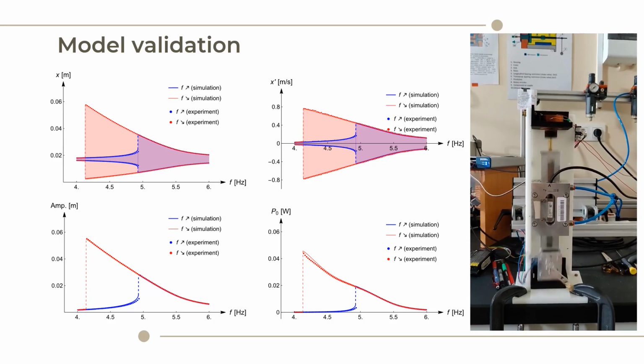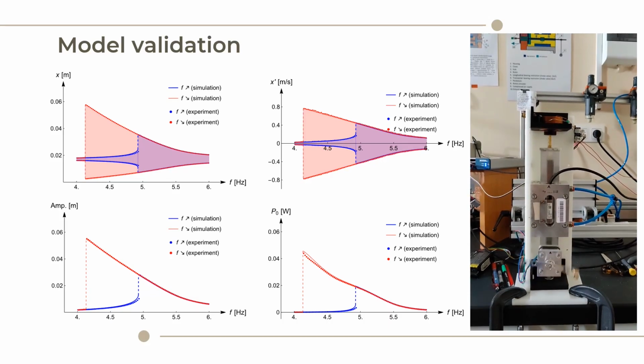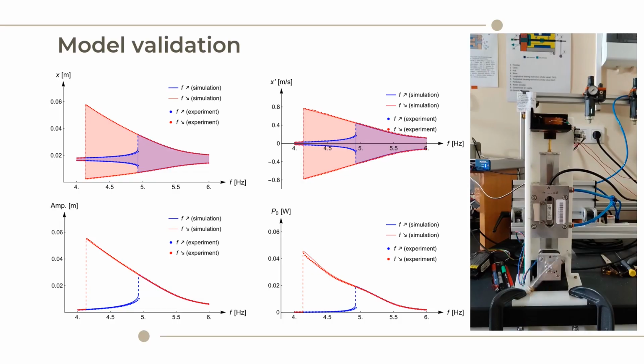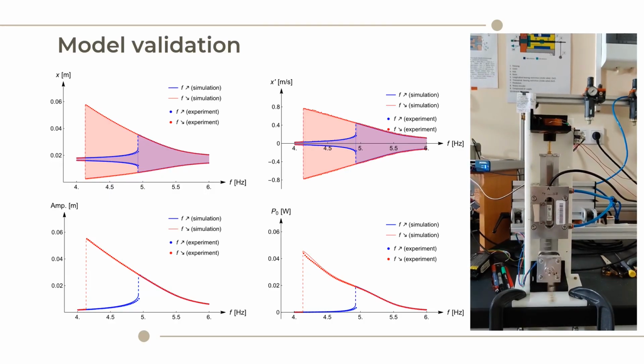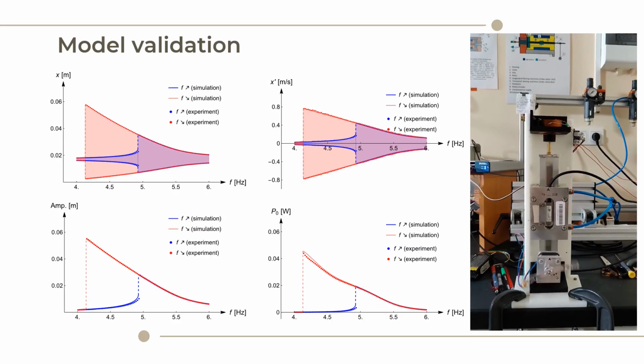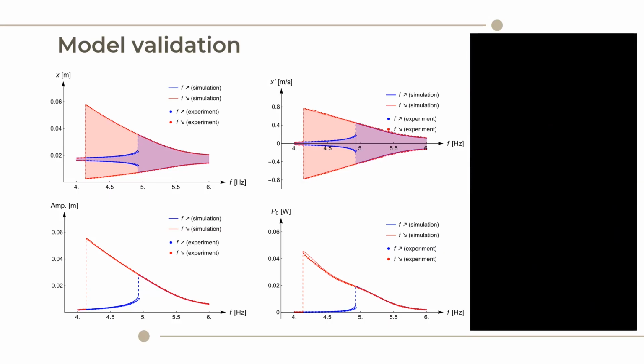You can see that right now amplitude is quite high, and with the frequency decreasing, the amplitude rapidly drops. This drop has been not only observed experimentally, but also predicted numerically, as presented in the figures.